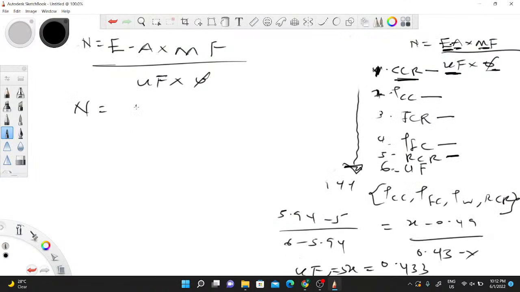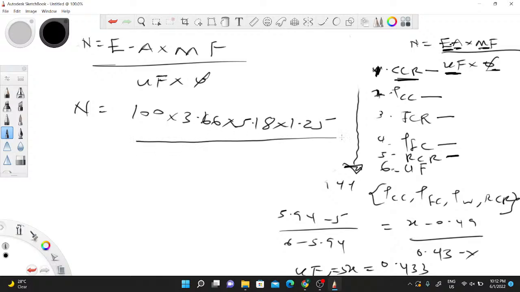My A is 3.66 times 5.18, MF is 1.25, UF is 0.433. So my number of lamps is 1.65, approximately 2 lamps.